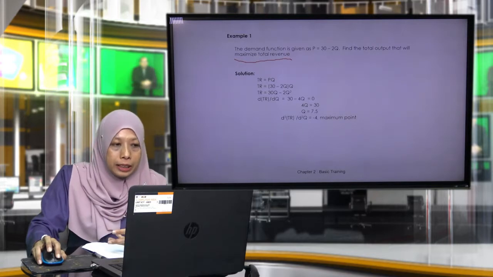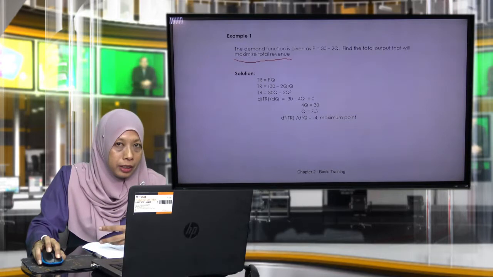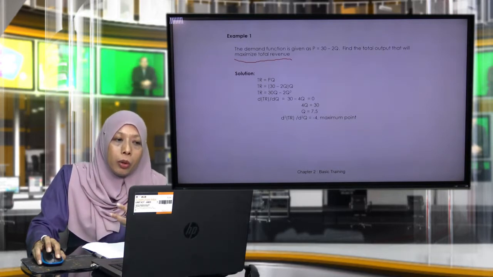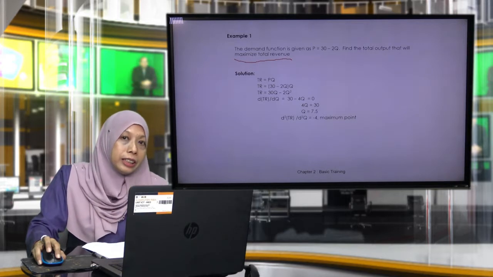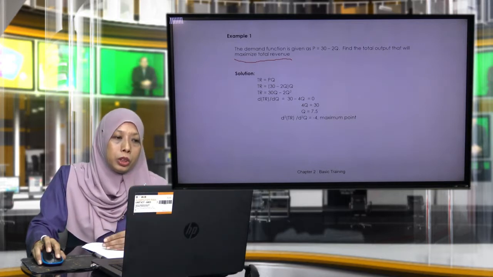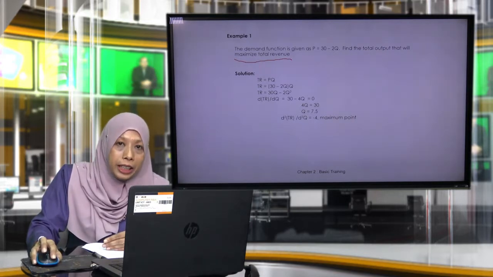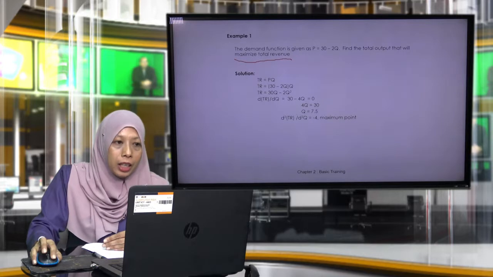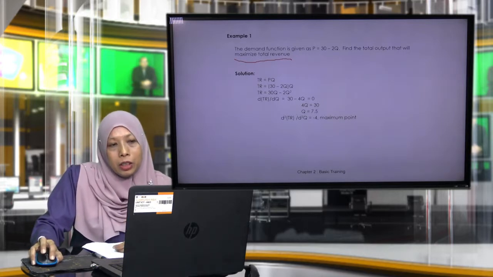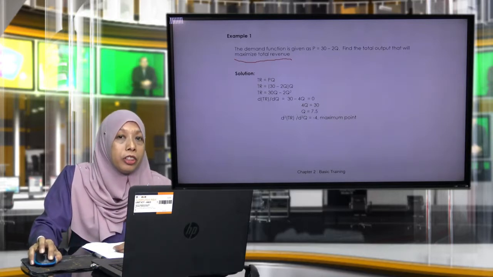As I said just now, whenever you want to maximize or minimize a function, that is an optimization problem, and you are required to differentiate the function and set it equal to 0. Because you want to maximize total revenue, you have to differentiate the total revenue function and then set it equal to 0. But the question is, what is your total revenue function?